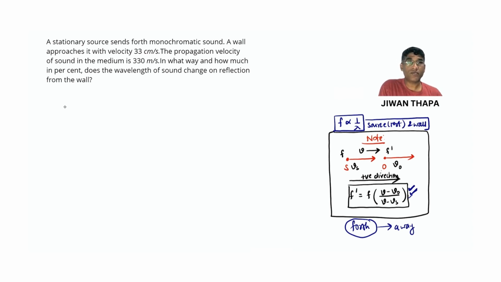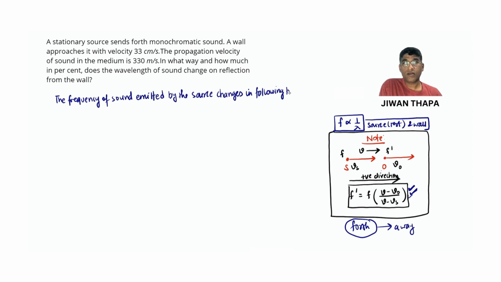So I'm writing in this way, the frequency of sound emitted by the source changes in following two steps, because we want to find the percentage change in wavelength of the sound on reflection.